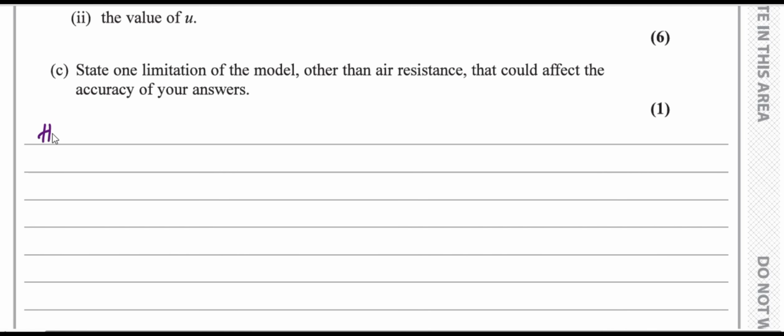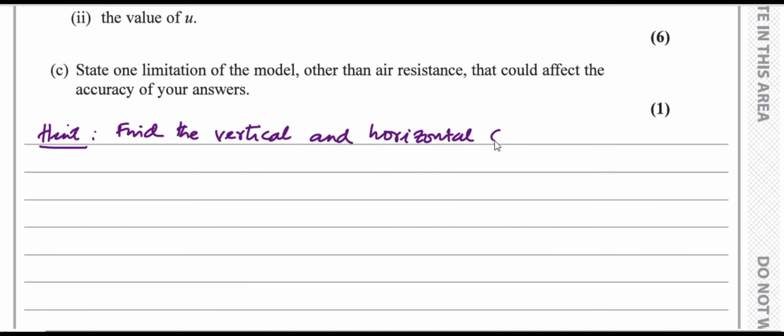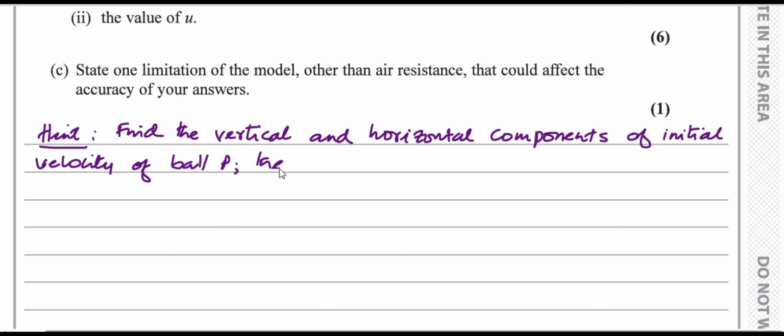So if you want to write the hint here, not for writing in the exam, this is just for your revision: find the vertical and horizontal components of initial velocity of ball P. Then find those velocity components at time t is equal to 2 seconds.